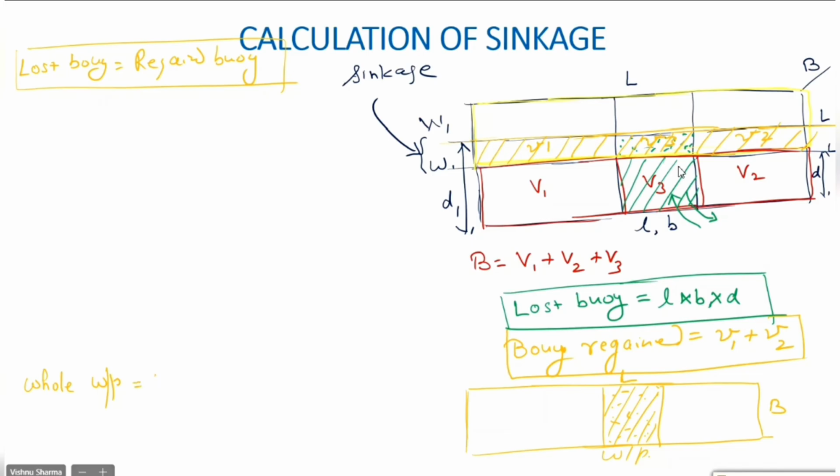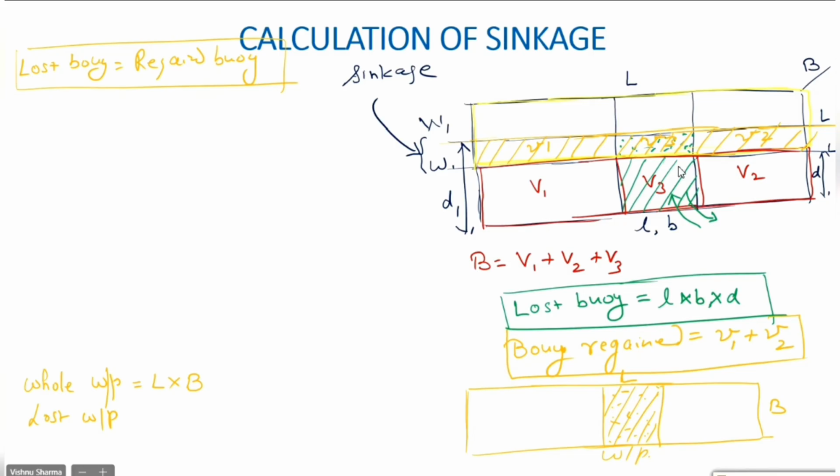The whole water plane is the complete water plane, L into B. Agreed? Yes, sir. So this whole water plane is before bilging. Before bilging. I'm introducing some terms, beta. So you agree this is the whole water plane? Yes or no? Yes, sir.